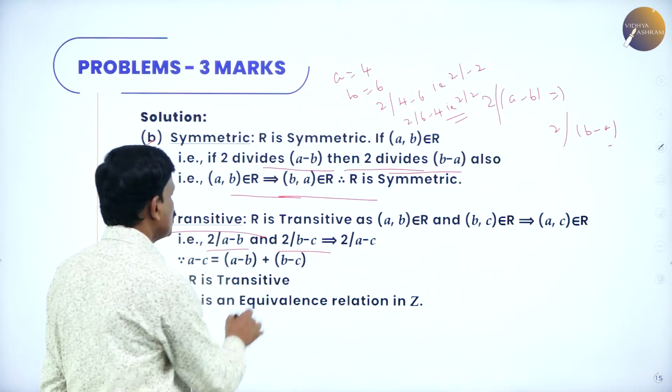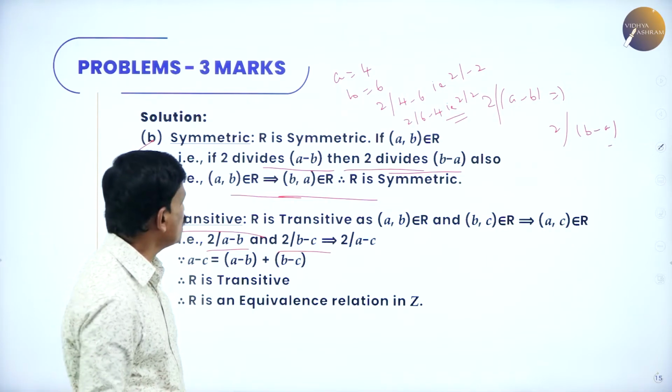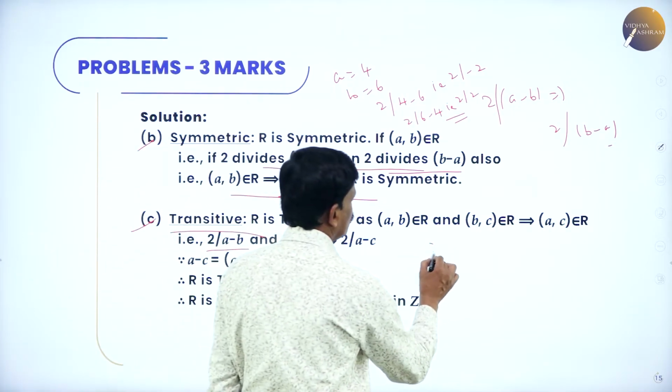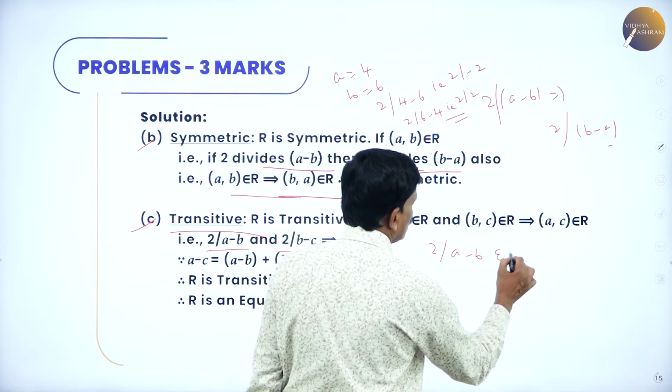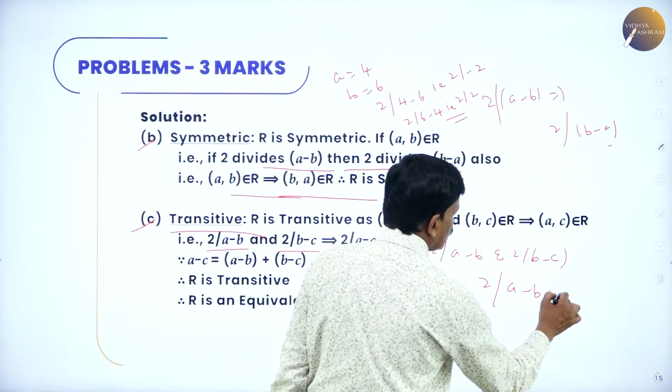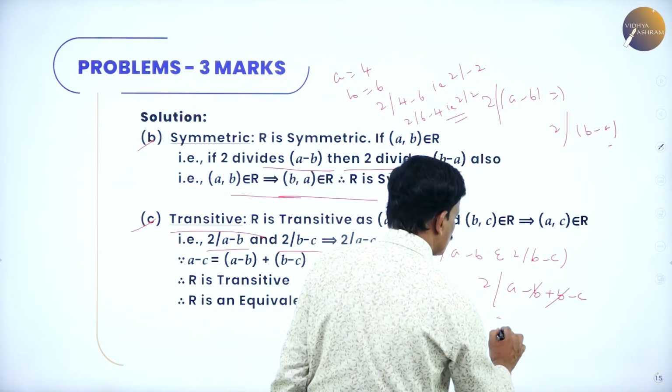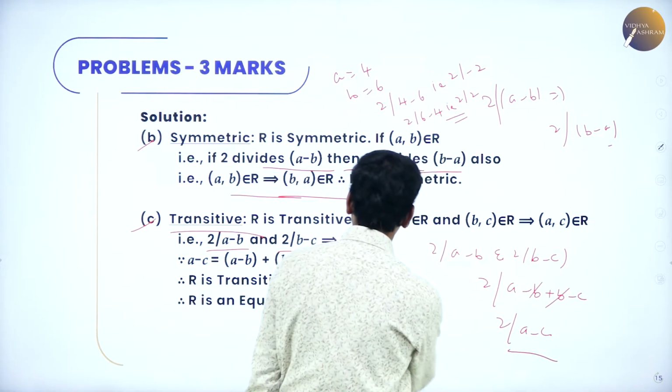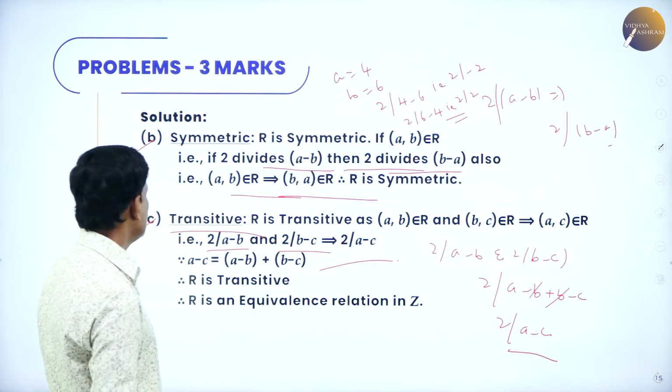So if 2 divides a minus b and 2 divides b minus c, it implies 2 divides a minus c also.